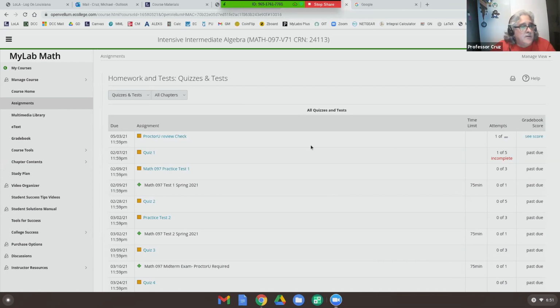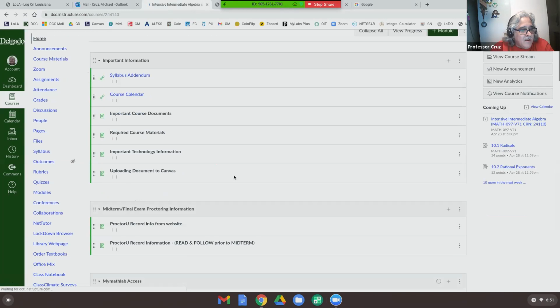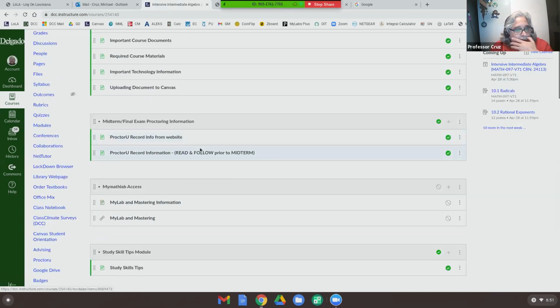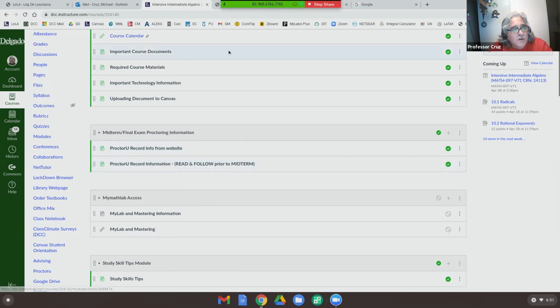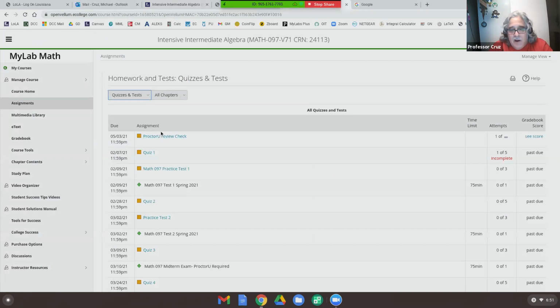The instructions for it are in here where everything else is. I'm not hiding anything. All right? You see those right there? It's the same one we're supposed to have done at midterm. So if you skipped that, then of course you didn't see it. But that's there. Basically, what you've got to do, you go to Proctor U, create an account.